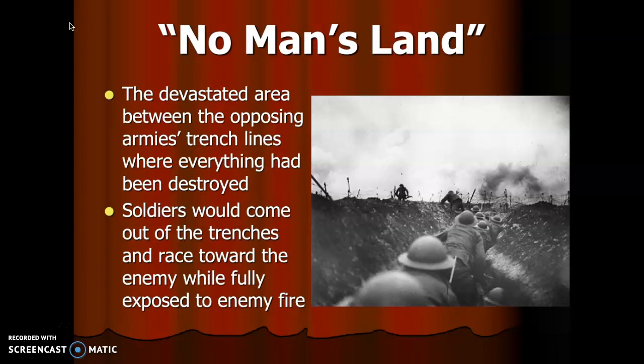And basically, if you were to enter into that area trying to get to the other side, you're going to be met with barbed wire, landmines, machine gun fire, and there was no way that you were going to be able to get to the other side. So you're basically just fighting in trenches for 4 years and not gaining any ground and just losing life after life after life.